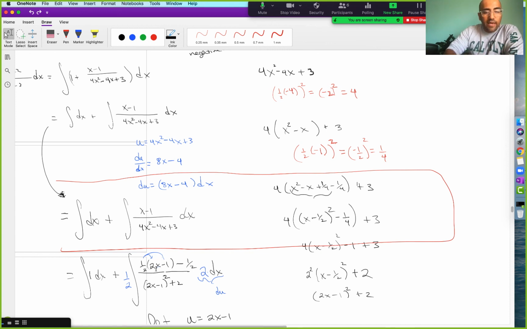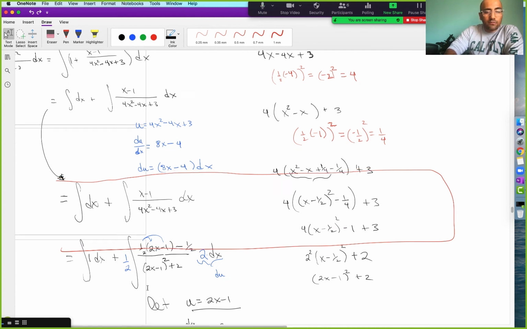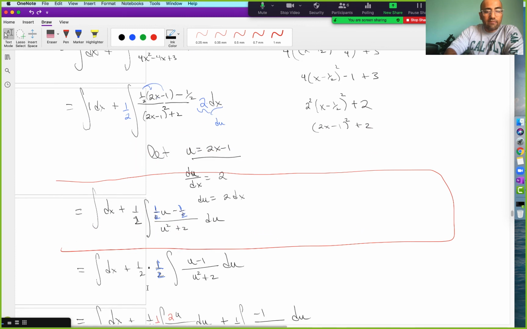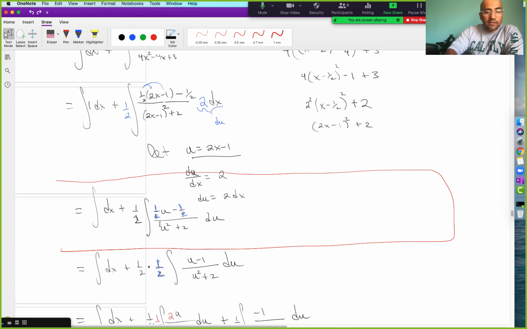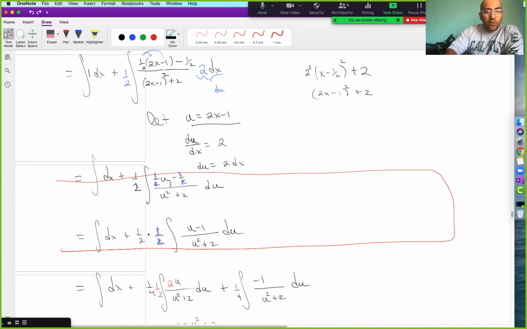And the reason I do that is because then it'll make it easy for me to do a U substitution and rewrite the whole thing in terms of U. So then that gave me this thing here, and that's supposed to be a 1/2 U minus 1/2. Good. Okay, and then once I have that, I can factor out the 1/2. I can separate these into 2 separate fractions, this denominator under the U, this denominator under the minus 1.